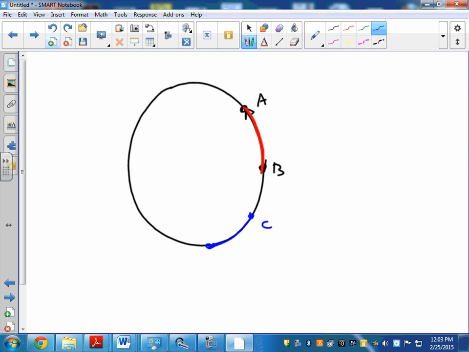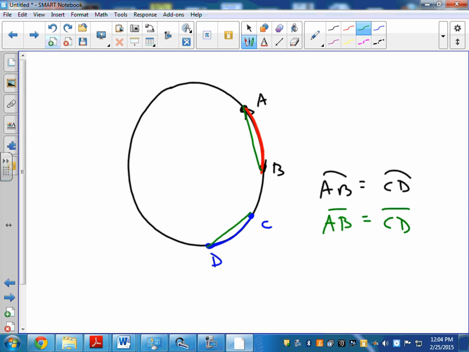So CD. And again, the hypothesis here is that arc AB is the same size as arc CD. Then we know that their chords have got to be the same as well. So the chord AB, the segment, is the same as the chord CD.